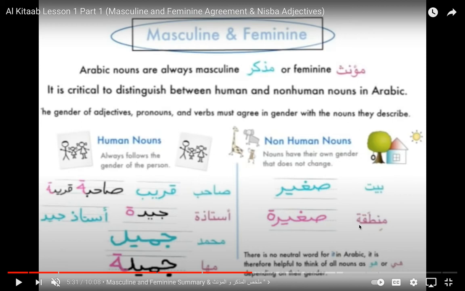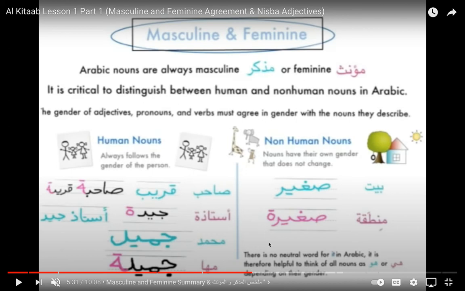So منطقة or منطقة صغيرة. Ta marbuta, ta marbuta. Okay? So it's very easy to distinguish between masculine and feminine when we are talking about human nouns. But here, you must memorize them and you must know for both, anyways.